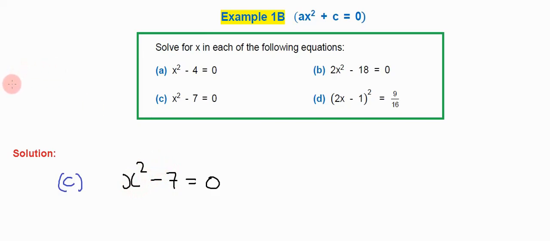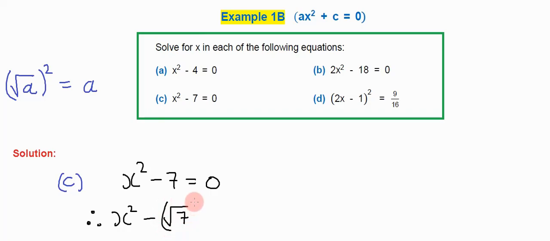The law of surds that I'm referring to is that the square root of a all squared is equal to a. So we can apply this law to the 7 over here, and we can rewrite the 7 as the square root of 7 all squared, because we know that this is going to give us 7 again.